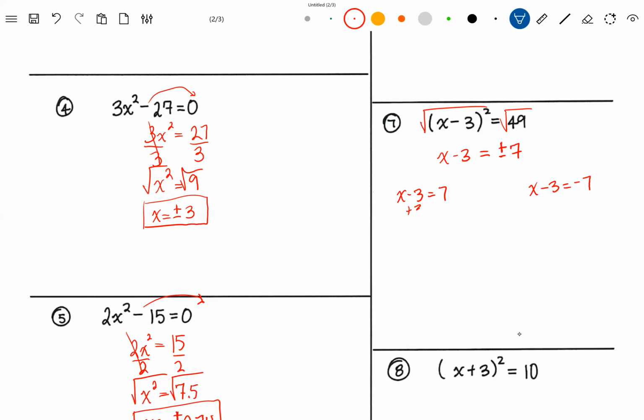Add 3 to both sides. So one of my x's is 10. And add 3 to both sides over here. So my other x is negative 4.